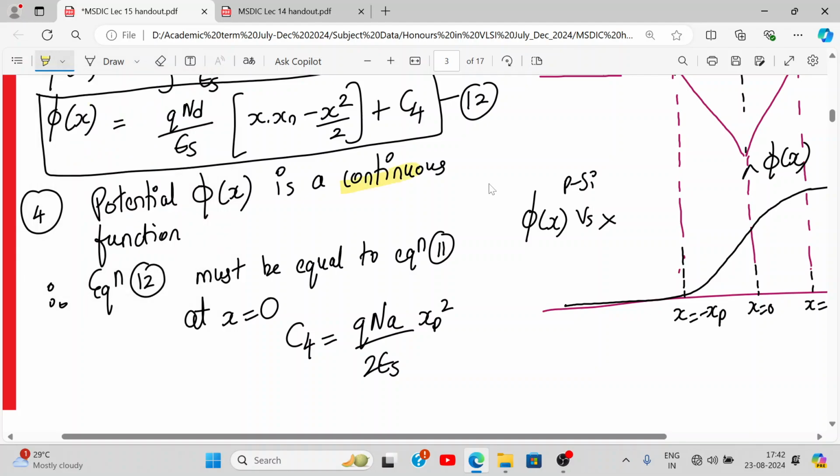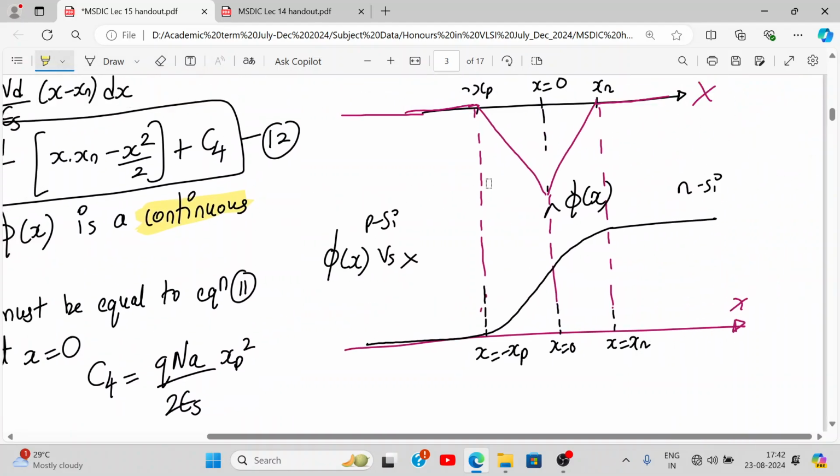So we can also show that by using a plot from XP to XN, right? The plots are supposed to meet, and then C4 and C3 are the same. But the problem with that justification is that we are building up the voltage.